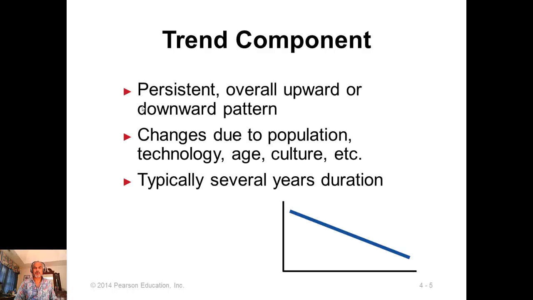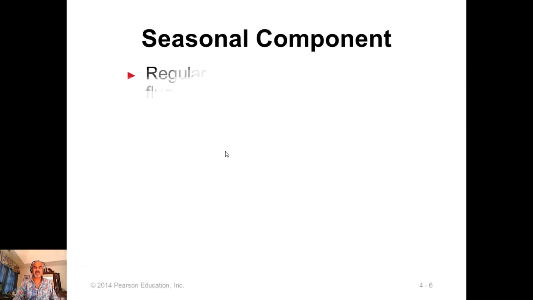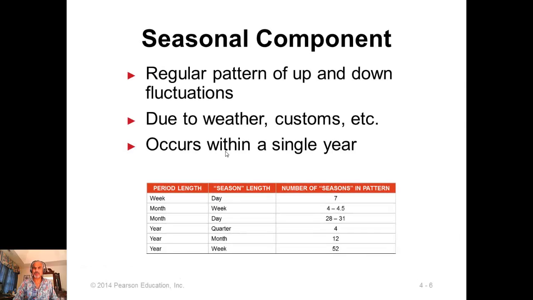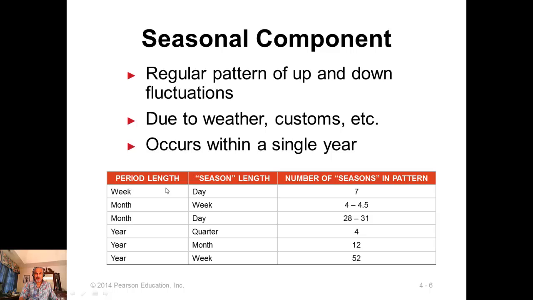So trend component is persistent overall upward or downward trend, and this is caused usually due to population growth, new technology, aging, and cultural factors, and it is typically over several years of duration. Seasonal component is regular ups and downs. It could happen week-long and daily season, or month-long weekly season, or month-long daily season, or year-long quarterly, year-long monthly, year-long weekly seasons repeating.